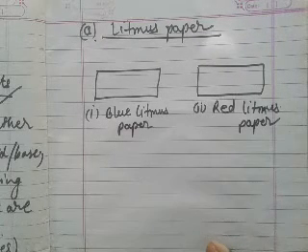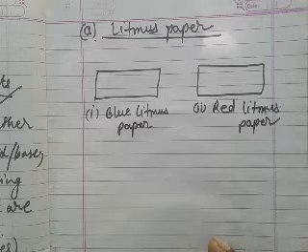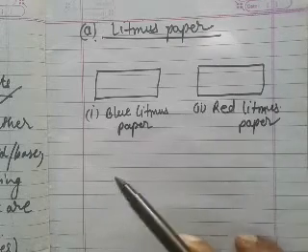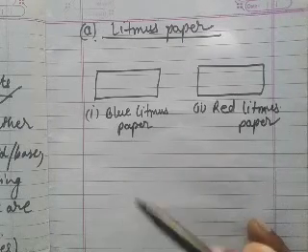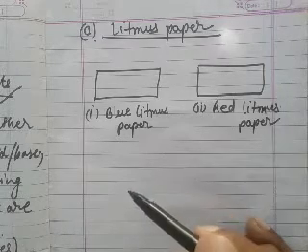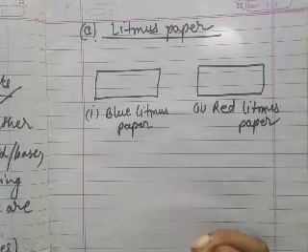And how can we detect whether a substance is an acid or a base? This is based on the change of color of these litmus papers.